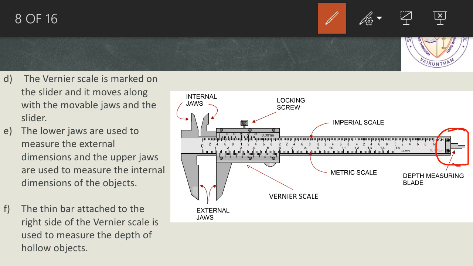If you are given a cup and have to calculate the inner diameter, we will use the upper jaws. If you are asked to find the outer diameter of the cup, you will use the lower jaw. If you are asked to calculate the depth of that cup, we will use the thin bar at the right side of the vernier calipers. So these are the different parts, and this is the description of the instrument.